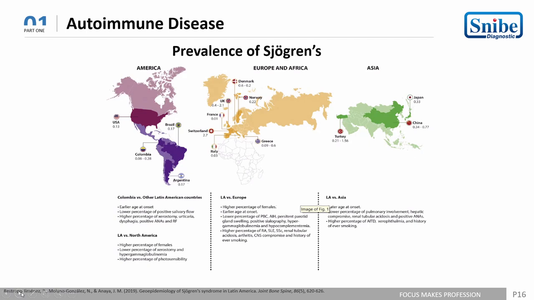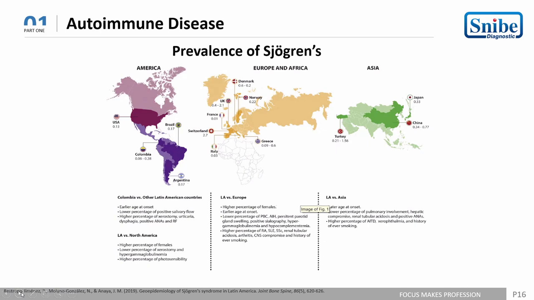A higher percentage of Sjogren's in females is observed in American countries compared to other countries, and they have hypergammaglobulinemia and a high percentage of photosensitivity. That's also a big sign of having an autoimmune disease.